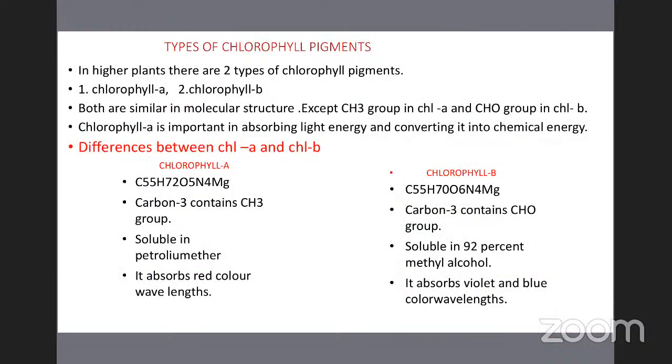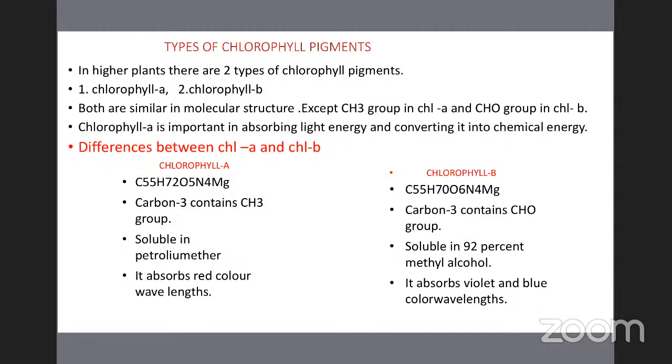Then next, we just said chlorophyll pigment. In chlorophyll pigment, we have so many types of chlorophyll pigments, and about that now we'll discuss. In higher plants, there are 2 types of chlorophyll pigments. Usually, not in all, but in higher plants there are 2 types of chlorophyll pigments.